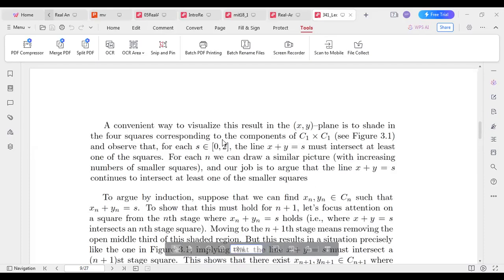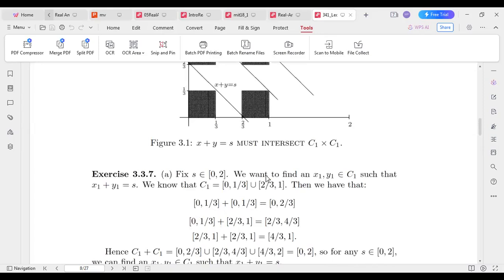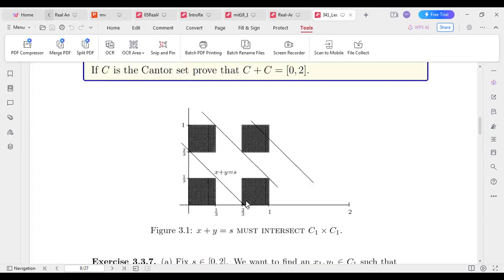Now a convenient way to visualize this result in the xy plane is to shade the four squares corresponding to the components of C1 cross C1. We observe that for each s belonging to the closed interval 0 to 2, the line x plus y equals s must intersect at least one of the squares.